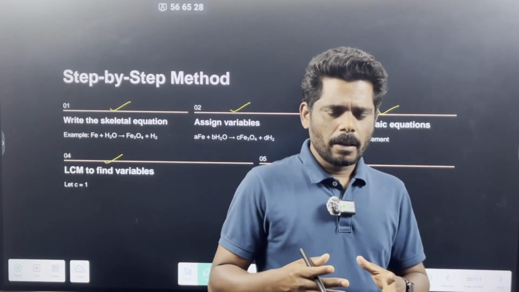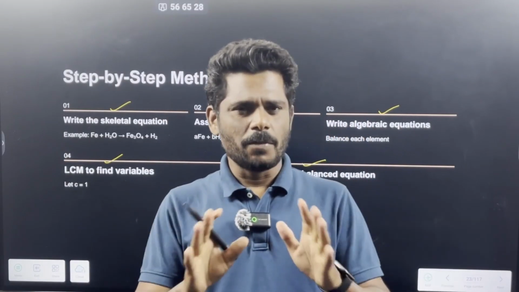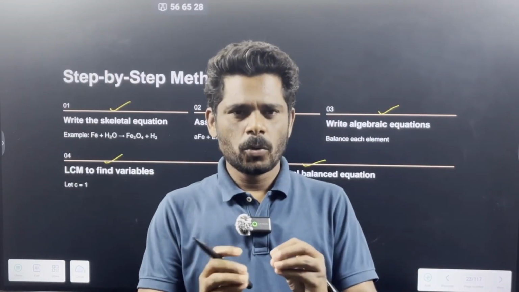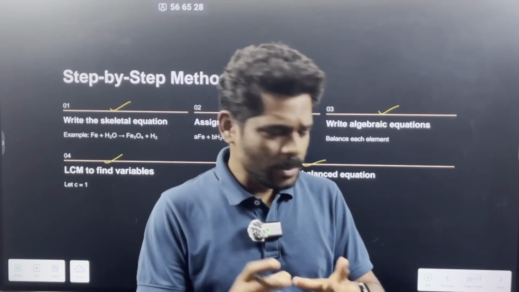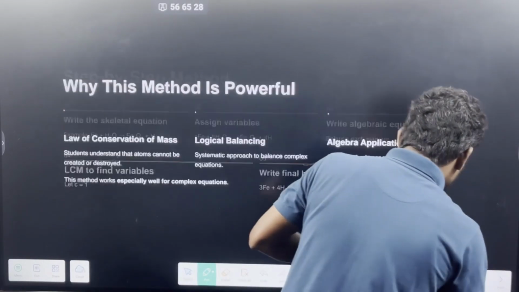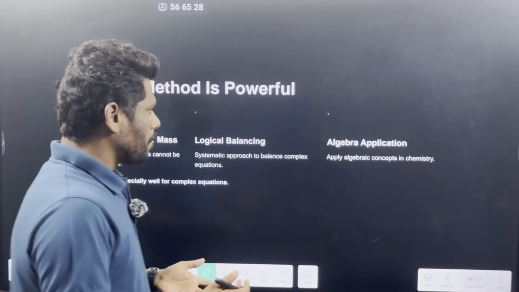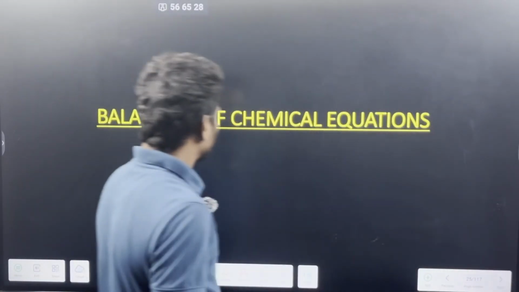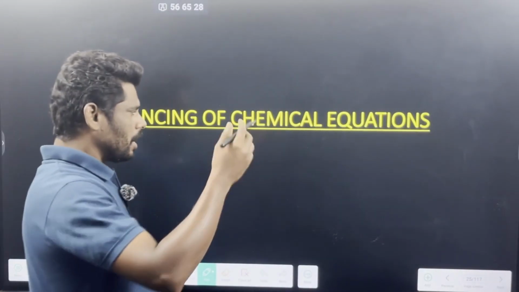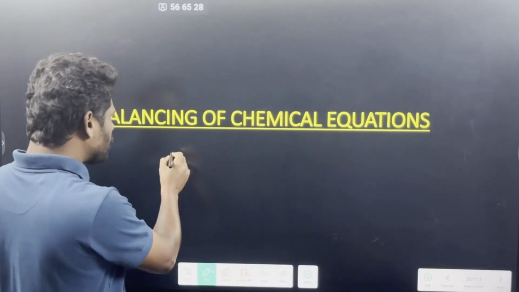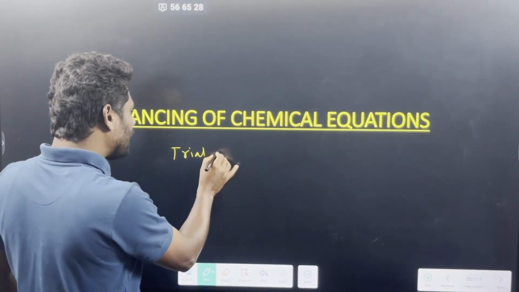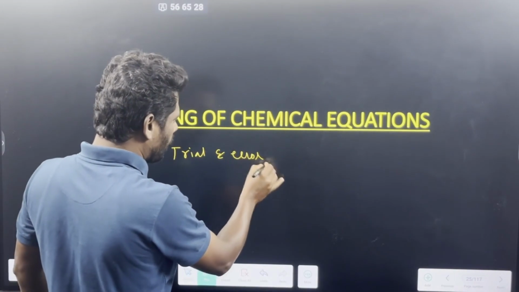Still, okay, this algebraic method is confusing. For example, sir, unable to do some calculations. Sometimes he may ask about balancing of chemical equations step by step. He may ask you trial and error method only. Why?